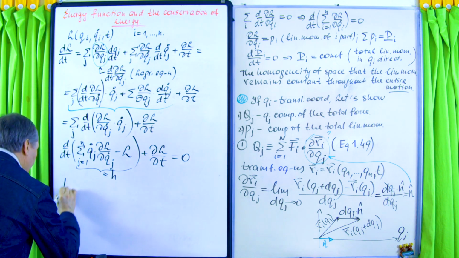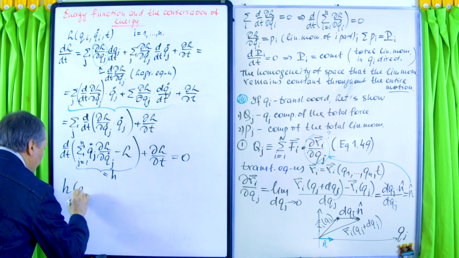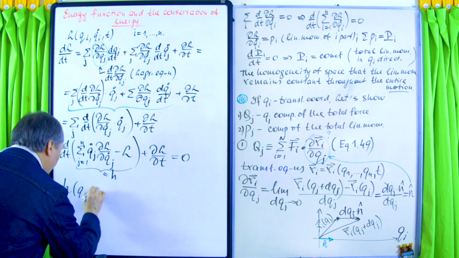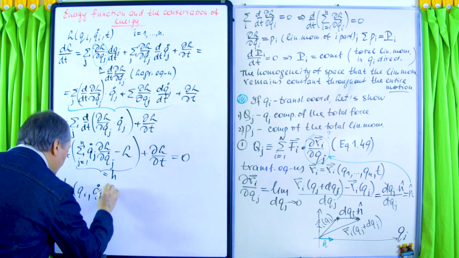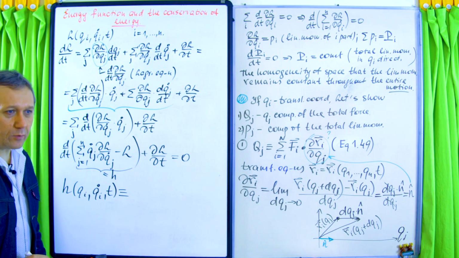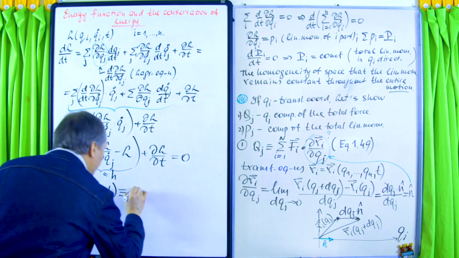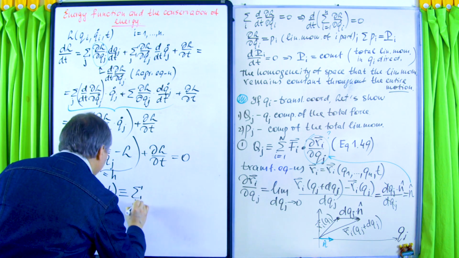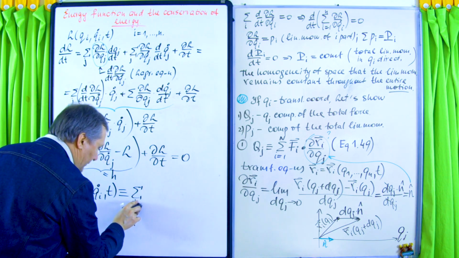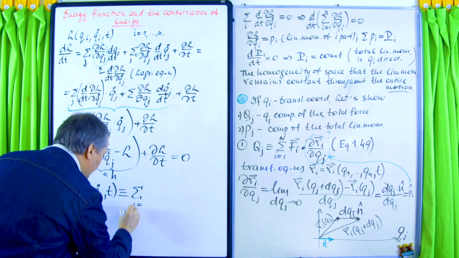So let me call it h. Of course, it will be a function of q, which subscript do I use? i here, okay, why not? qi dot, t, and I will put three lines by definition, so that's how we define it. So summation over the whole system. Yeah, let me keep the same subscript, j.